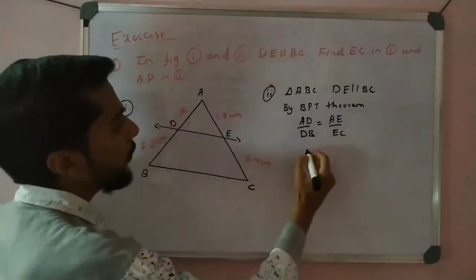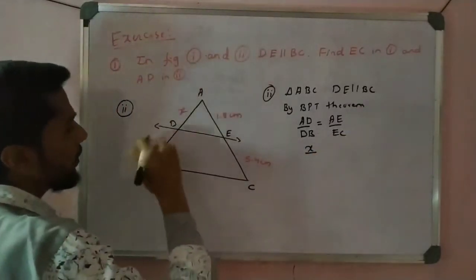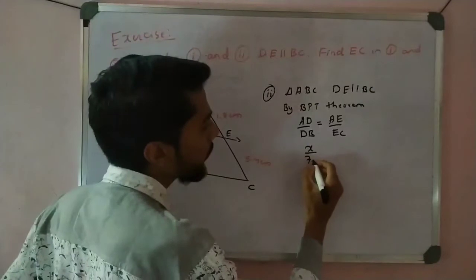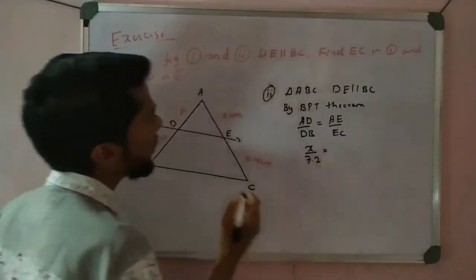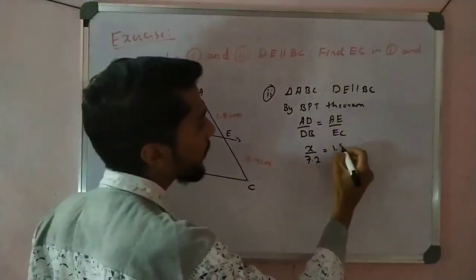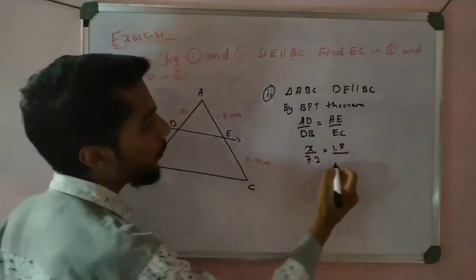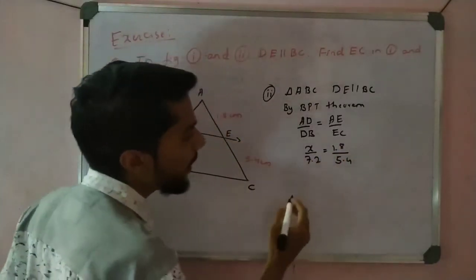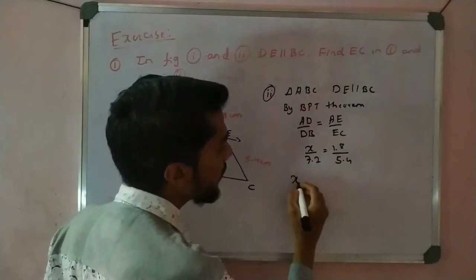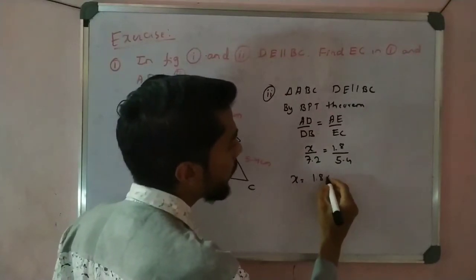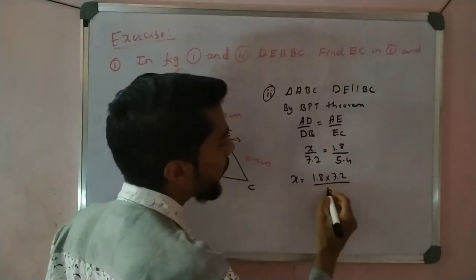What is AD? We have to find it, take X. BD is 7.2, AE is 1.8, and EC is 5.4. So X is equal to 1.8 into 7.2 divided by 5.4.